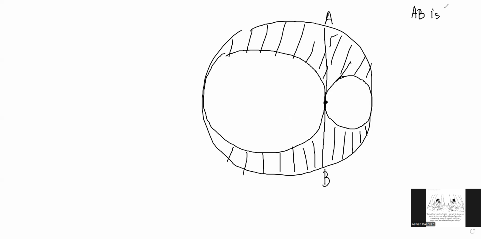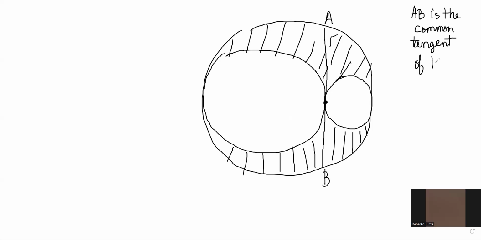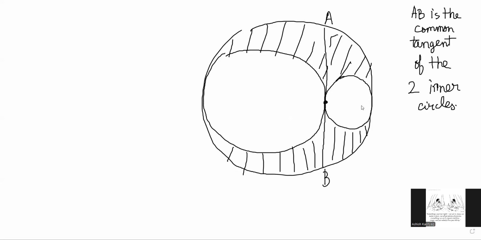AB is the common tangent of the two inner circles. That you should realize. Oh, sir, I hadn't realized. But that is obvious from the figure, no? Otherwise it doesn't make sense, right?